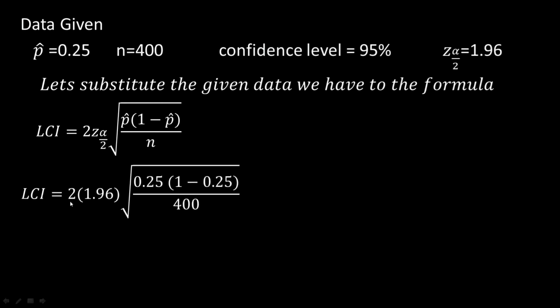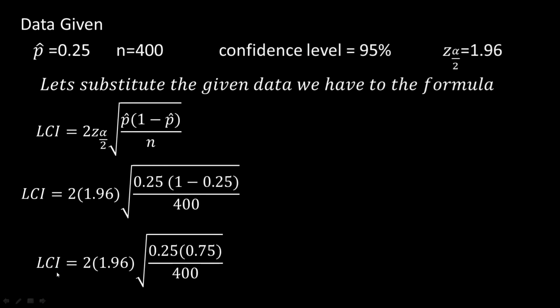So, substitute lang natin yung mga given natin. So, magiging 2 times 1.96 times the square root of 0.25, which is the proportion, times the quantity of 1 minus 0.25 over 400. So, dito, ang isa-solve muna natin is yung nasa loob ng parenthesis. So, LCI is equal to 2 times 1.96 times the square root of 0.25 times 0.75, dahil 1 minus 0.25 is 0.75, over 400.